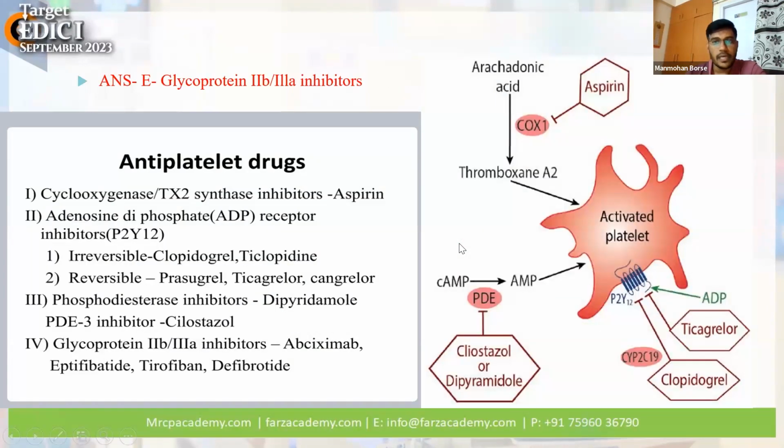You can take a screenshot of this. This one slide is enough to remember the mechanism of action of all the antiplatelet drugs. Aspirin's mechanism of action is COX inhibition. ADP inhibitors include clopidogrel, ticagrelor, ticlopidine. PDE inhibitors like dipyridamole and sildenafil. GP IIb/IIIa inhibitors like abciximab and tirofiban.